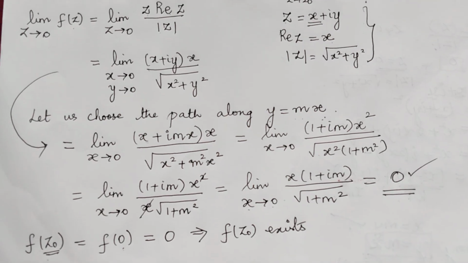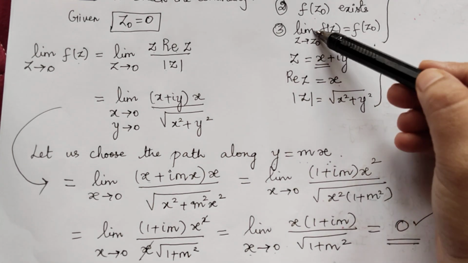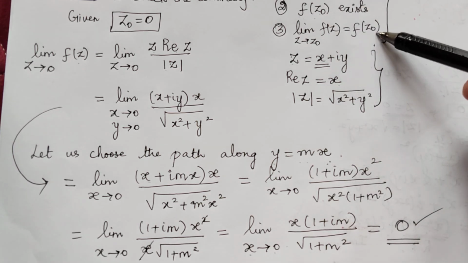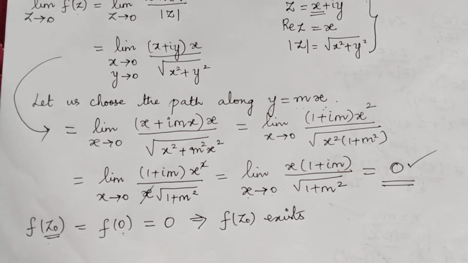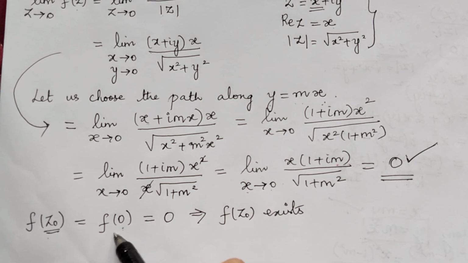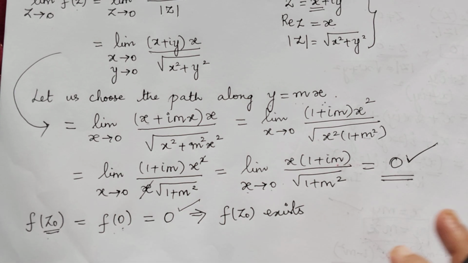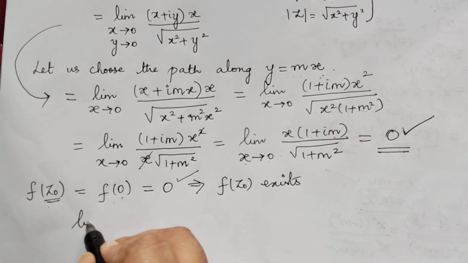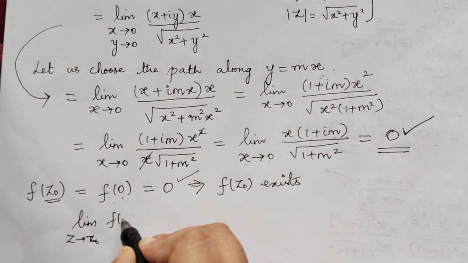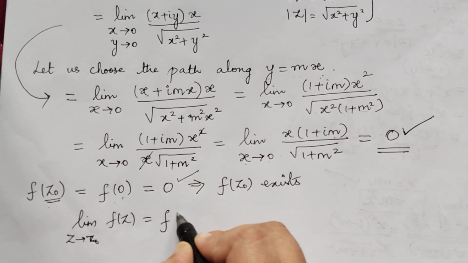The third condition is that we have to prove that the limit which existed is equal to the value of f of z naught. Obviously we see that the limit that we have got is 0, and the value of f of z naught is also equal to 0, which implies that limit z tends to z naught of f of z is equal to f of z naught.